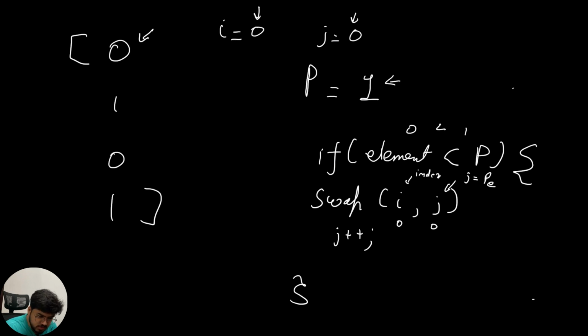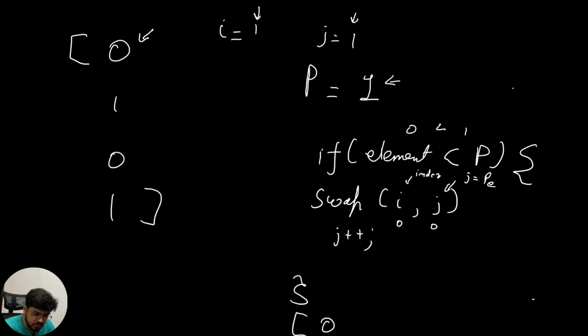So this is array index 0, which means the 0th element of the array, swapped with itself. So it will remain 0. And now j will become 1. Now j is 1 and index is also 1.